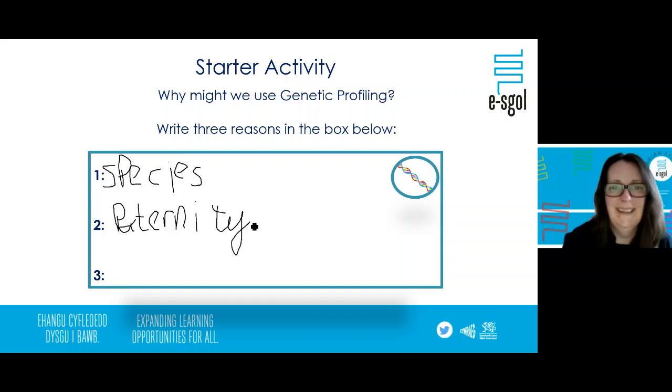And then another potential use of genetic profiling. So we've got identification of species, classification, paternity testing, and possibly to identify any diseases that somebody might have inherited.